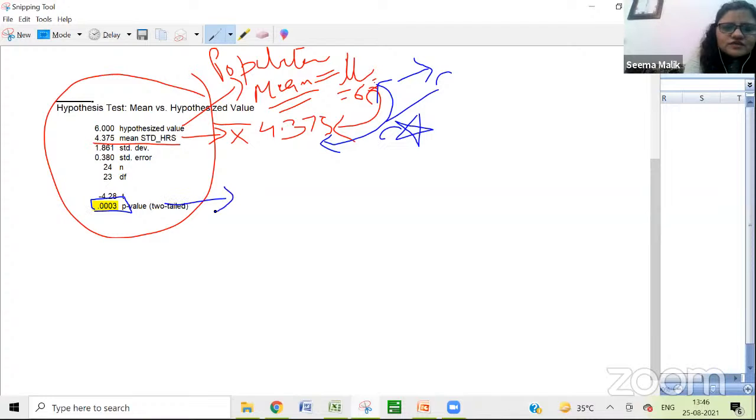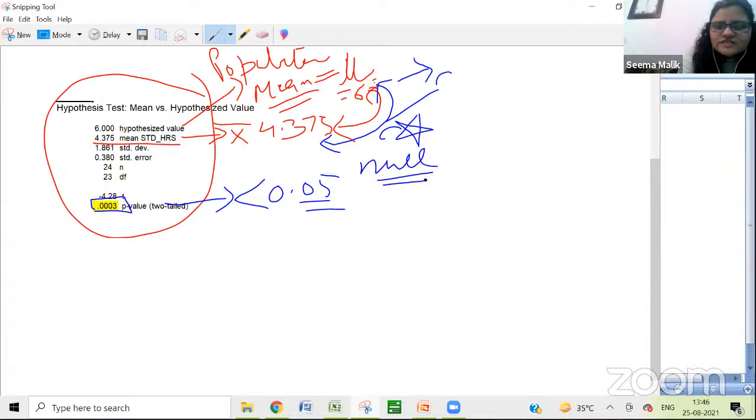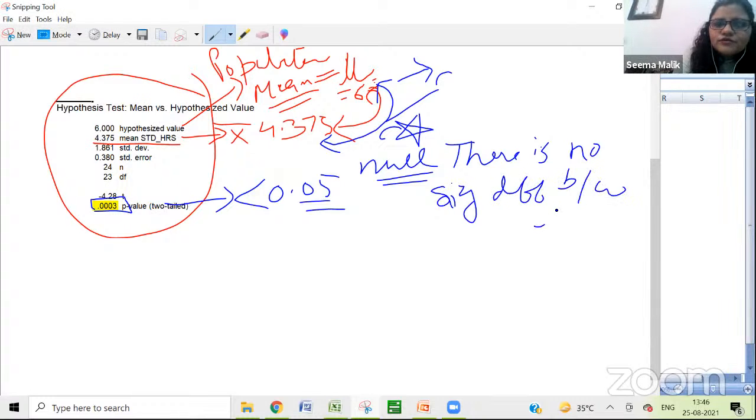This p value is less than 0.05. And for one sample t-test, what was my null hypothesis? My null hypothesis was there is no significant difference between mu and x bar.